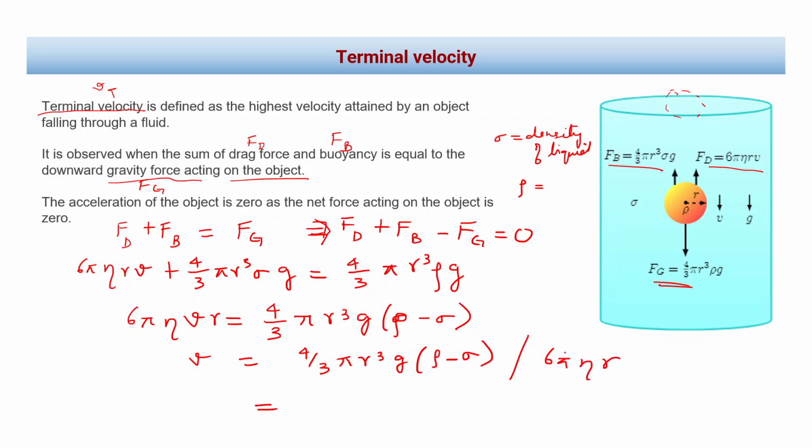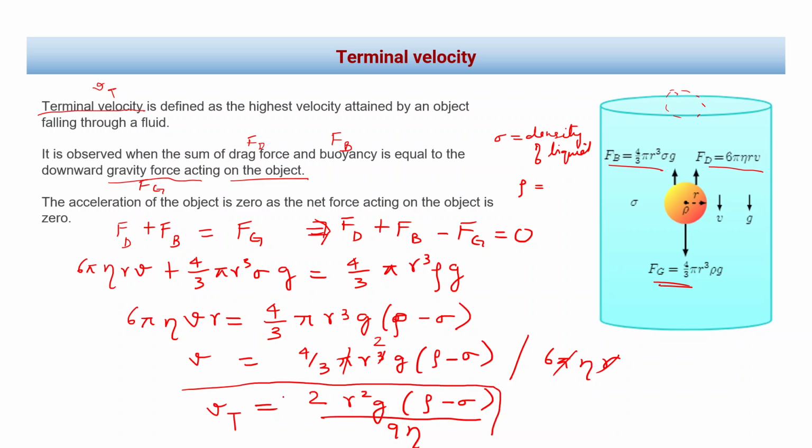Solving this, all this 6, 4, 3, everything will get cancelled, and this r will become r square. The final expression that I will get is 2r square g times (rho minus sigma) divided by 9 eta, and this will be a constant velocity with which the body will be dropping in the liquid.